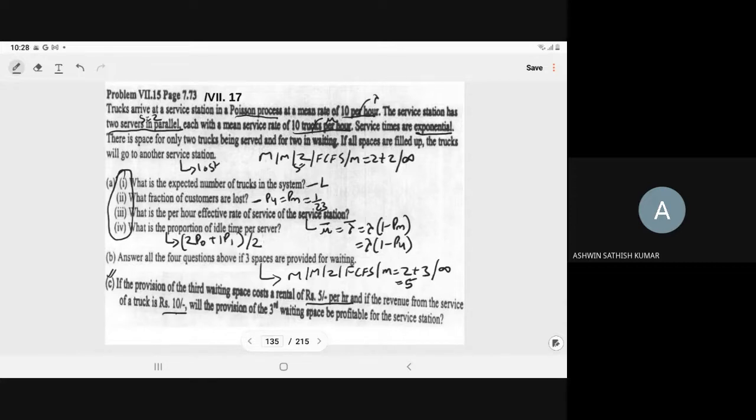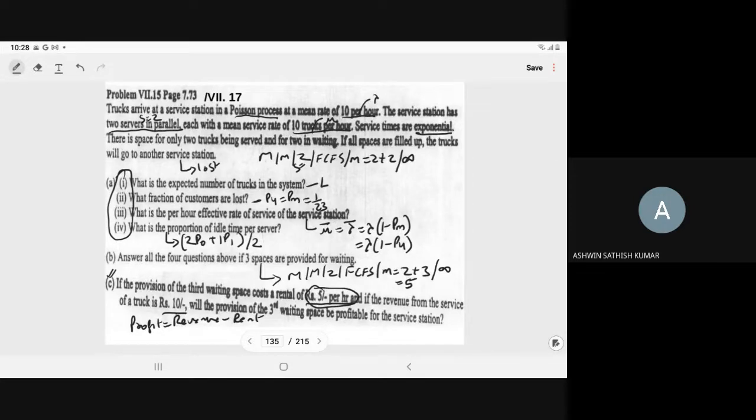It means we have to compute the profit. Profit is revenue minus rent. Rent you have to pay at the rate of 5 per hour, and revenue you are getting is rupees 10.